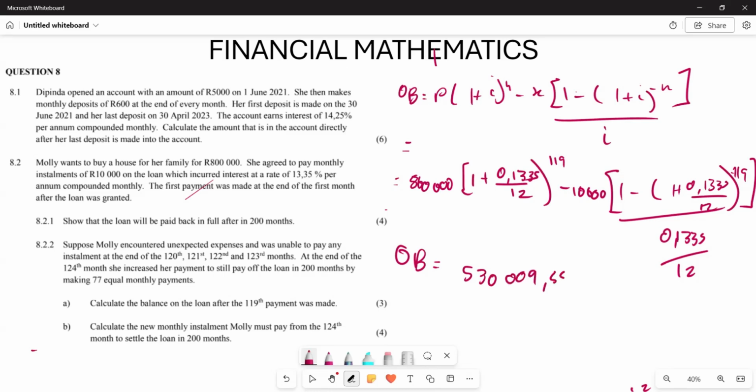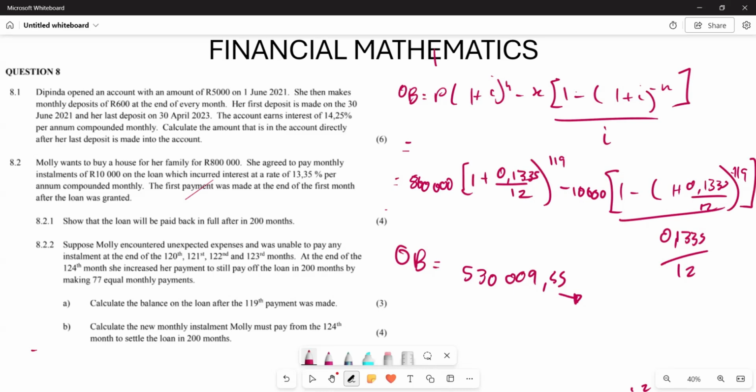So that's the outstanding balance after the 119 payments. Hopefully all of this now makes sense and you are in a position to answer all these types of questions. So let's look at your B now.